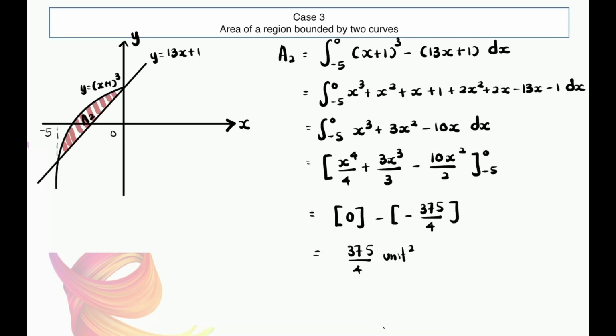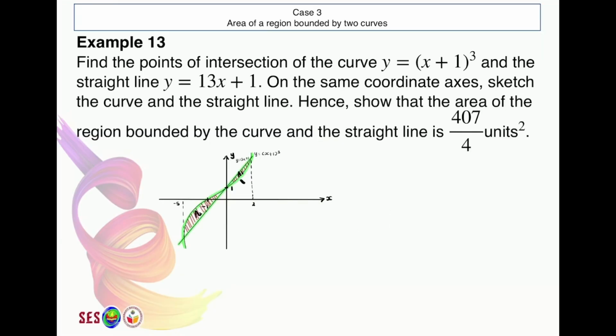So now to find the total area and to show that the total area is 407 over 4 units squared, we would need to add both areas up. Previously, we have calculated that area 1 is equals to 8 units squared. And area 2, we have just calculated 375 over 4 units squared.